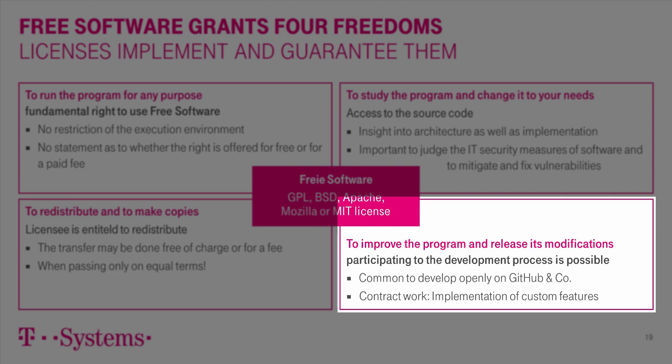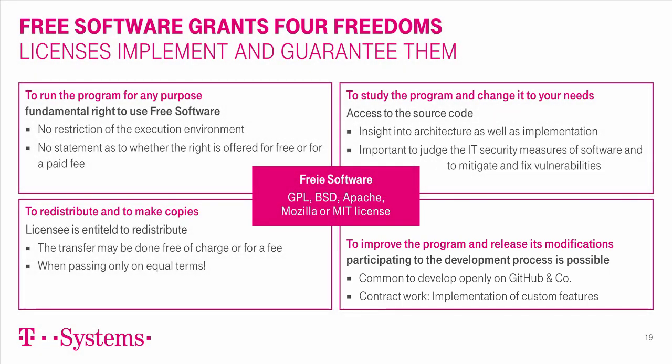But this also opens the door for contract work. So a company could ask an open source developer to develop a custom feature and give it back to the open source development process.